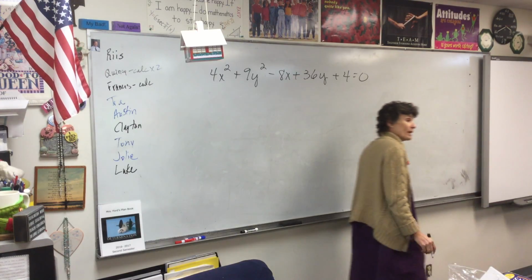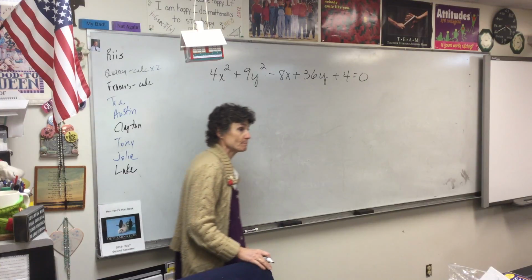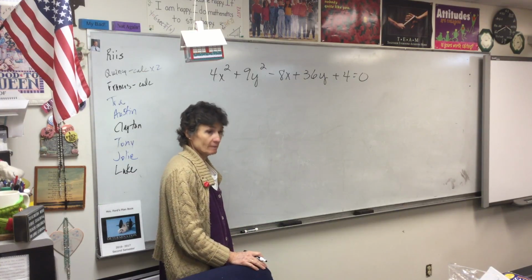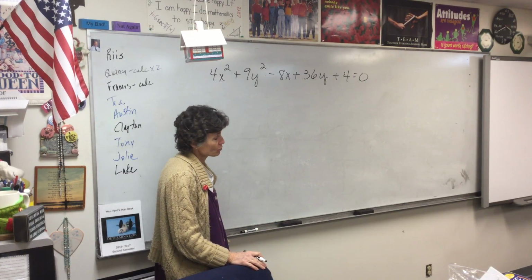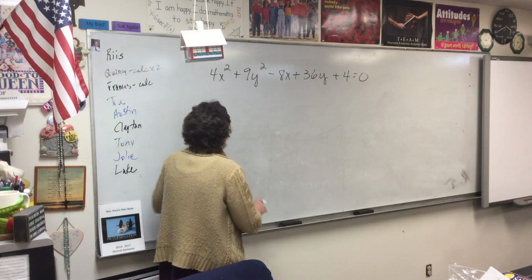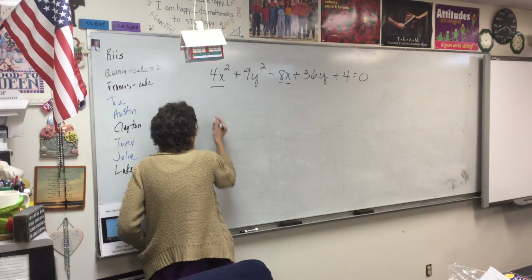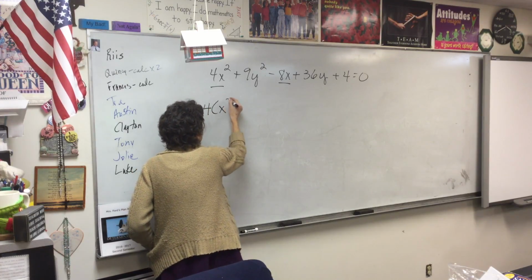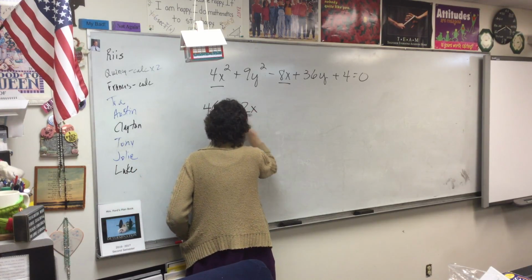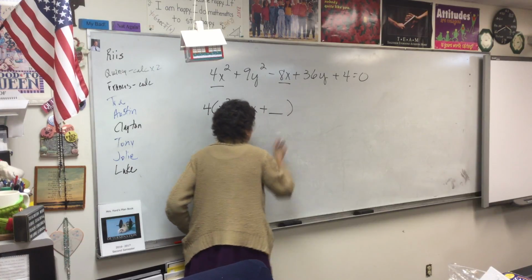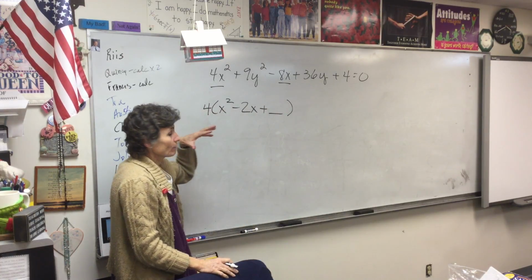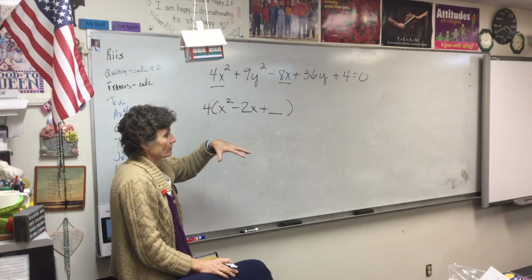So clearly I'm going to have to complete the square, right? Yes, you're going to complete the square. So what I'm going to do is take my x terms, group them together and factor out, in this case, the 4. So I'm getting ready to complete the square.